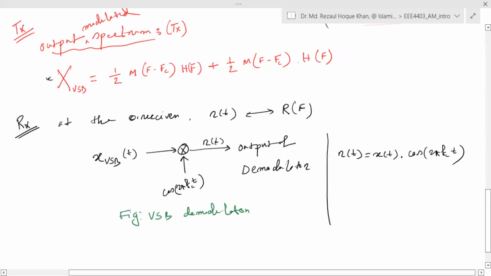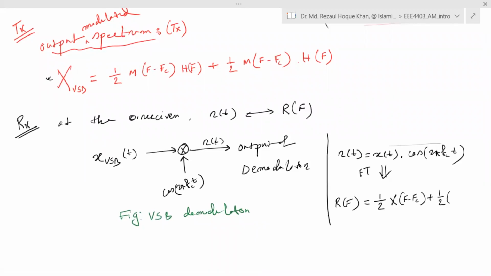If we do the Fourier transform, R(f) becomes half of X(f minus fc) plus half of X(f plus fc).